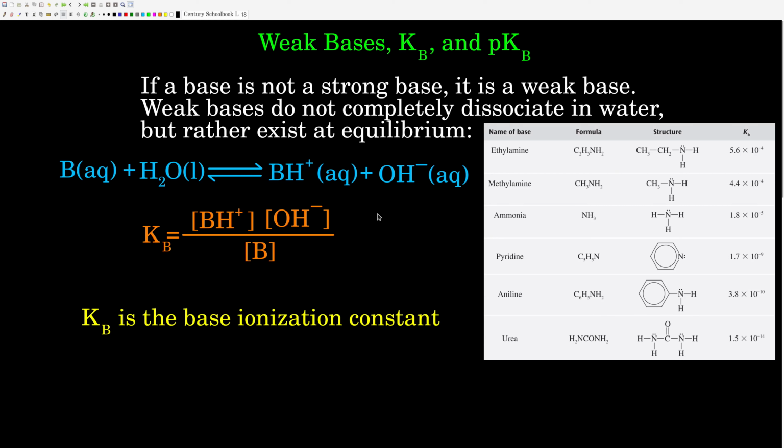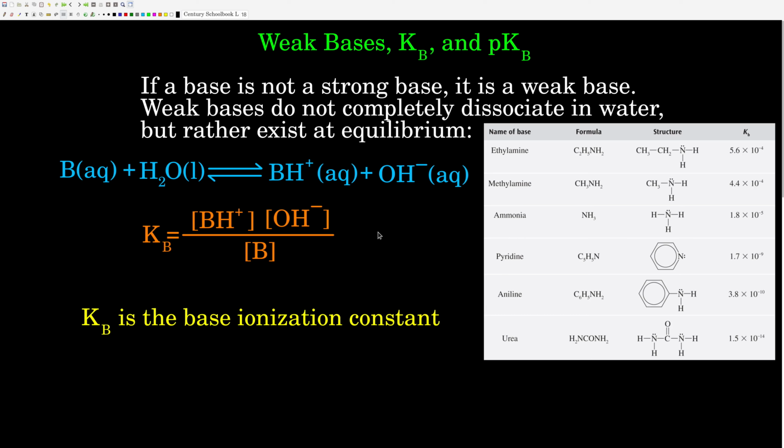Weak bases, Kb and pKb. Just exactly analogous to weak acids, Ka and pKa. So we know the strong bases, and if it's a base and it's not one of those, then it's a weak base. And weak bases don't completely dissociate in water, but rather there is an equilibrium. Now, you should get used to this, guys. A real common type of weak base, not the only one, is what's called an amine.